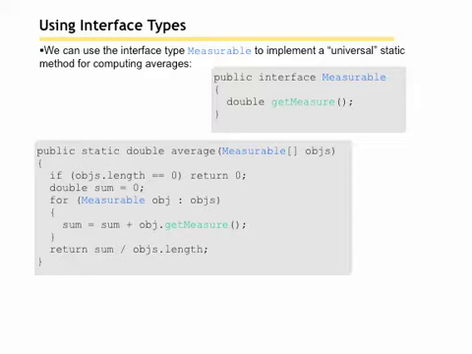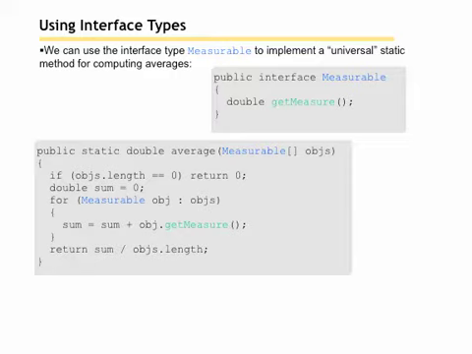You cannot instantiate objects of an interface, but you can create references of the type of that interface. So if we have an array of Measurable objects, we're just saying that each one of them has that getMeasure method that we could call, so we can assess the value of that object.